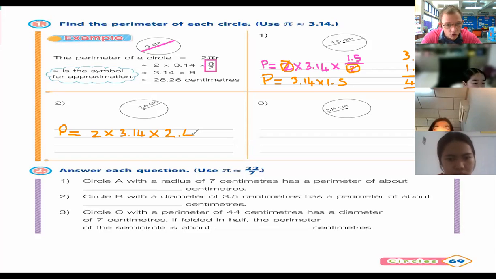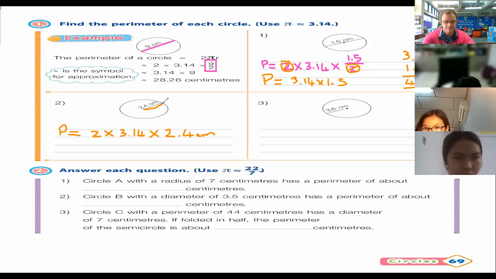It's 2.4 centimeters, because this is the radius. From here to here is equal to the radius. So if we multiply those three numbers together, what do we get? Who can do some fast mathematics and show me what we get? 3.14 times 2 is going to give me 6.28, times 2.4.